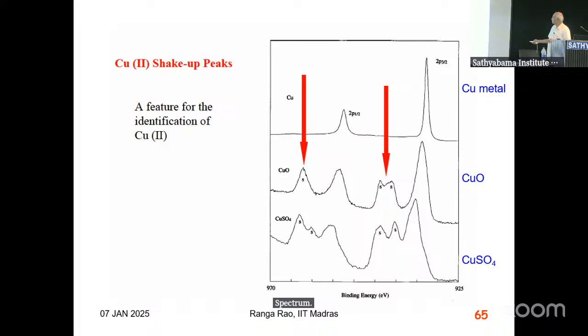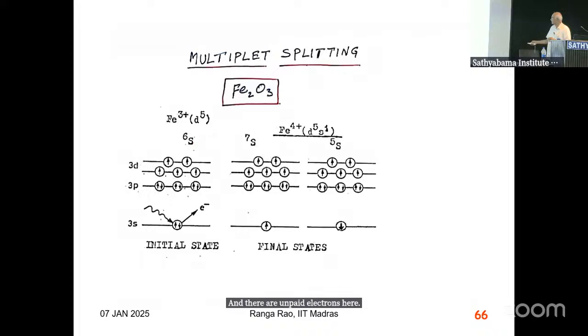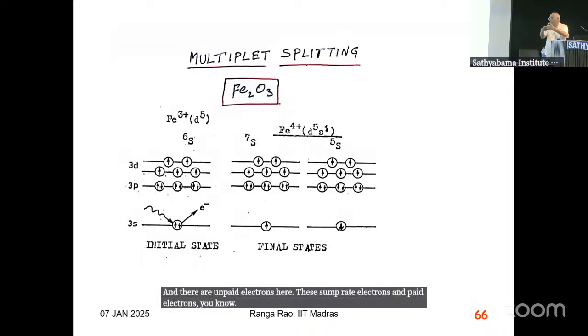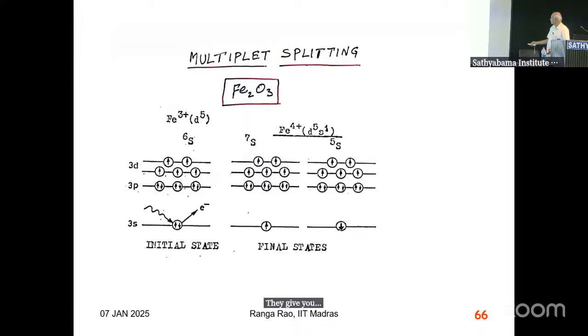And then in addition to that, another complication is multiplet splitting. This is called multiplet splitting. So you remove a core electron, and there are unpaired electrons here. These unpaired electrons, they interact. They give you various multiple states. There are several final states possible here.